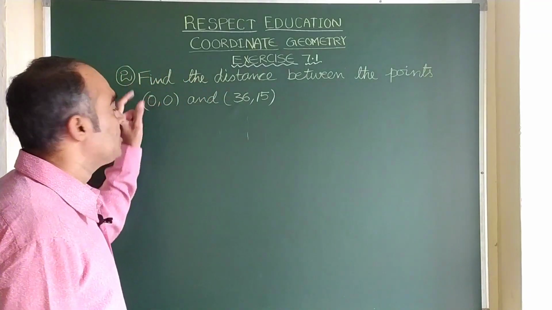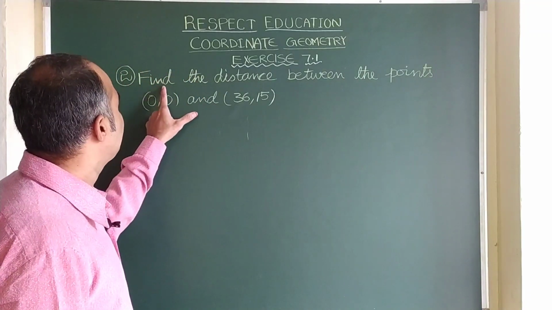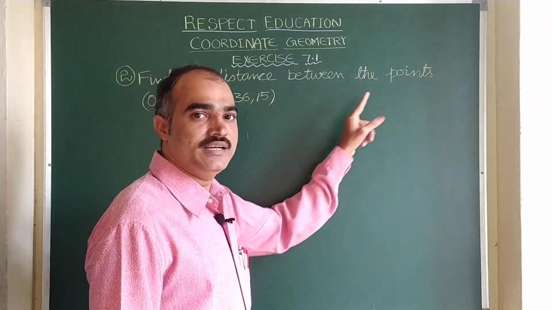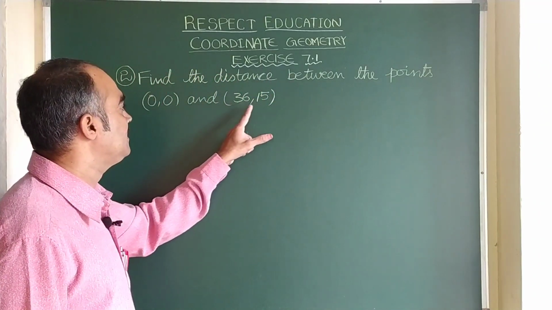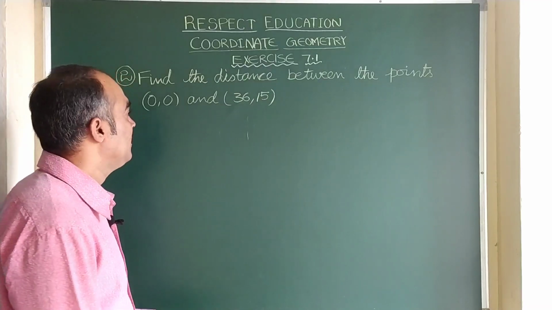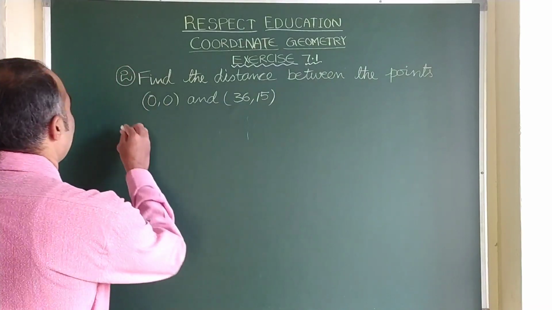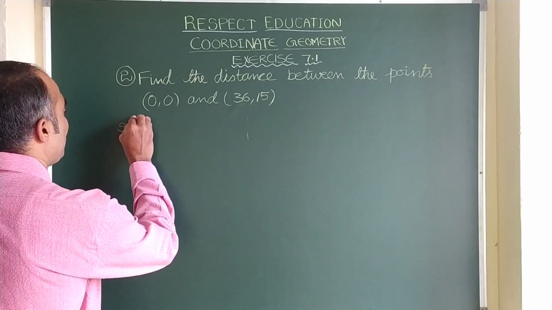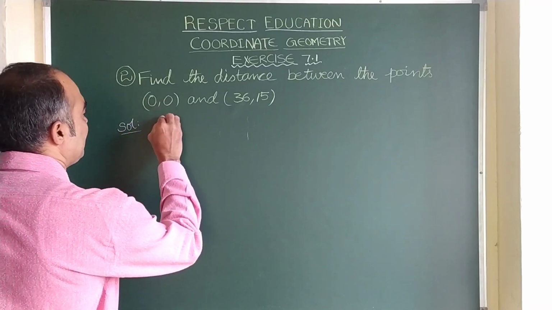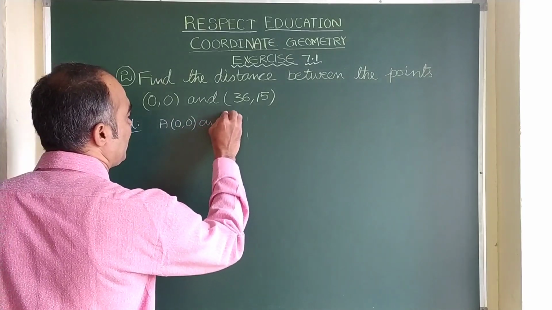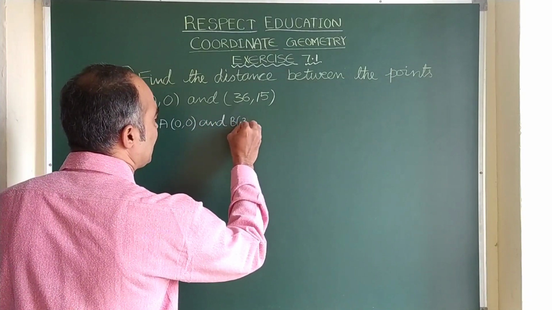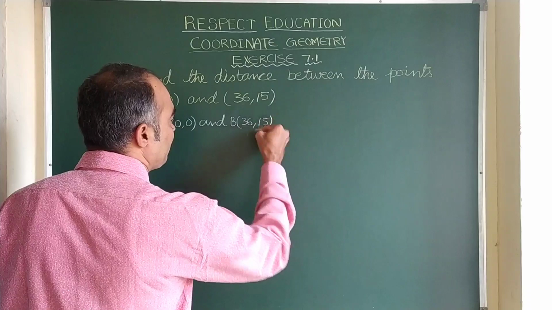Now we see question number 2, that is find the distance between the points 0, 0 and 36, 15. Here let us consider the first point as A, this is A 0, 0, and the second one as B, that is 36, 15.